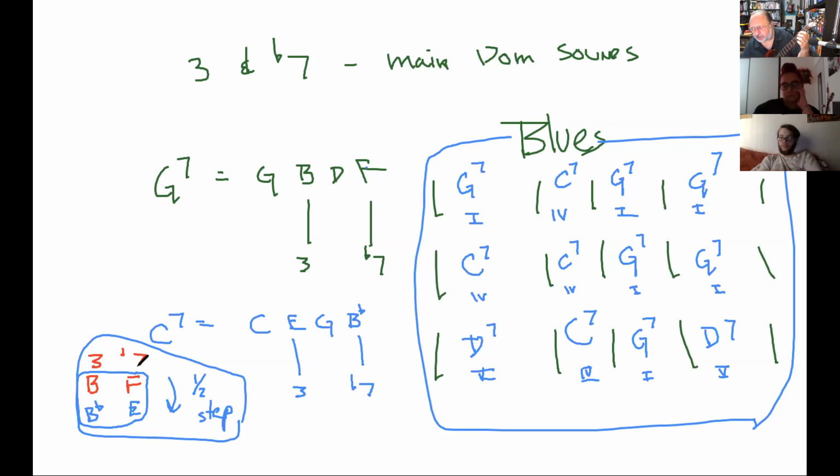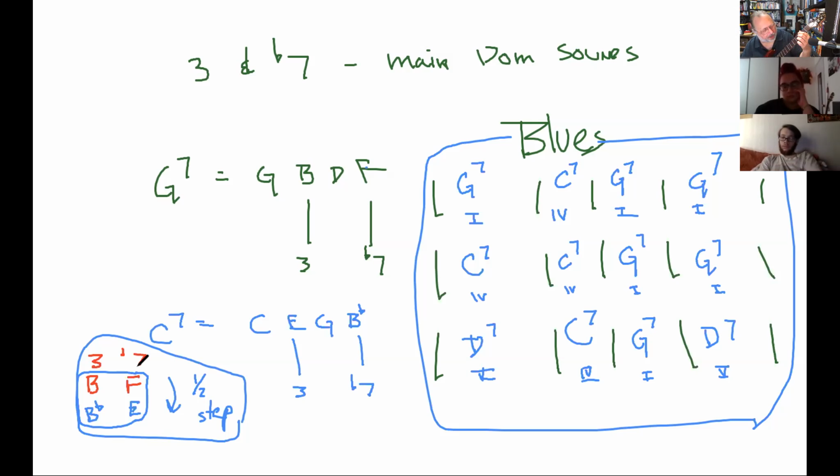Now if I put the root in there, it's really obvious. So those two voicings are the most important in a dominant chord, okay? That's the point I'm trying to make, is a 3 and a 7.